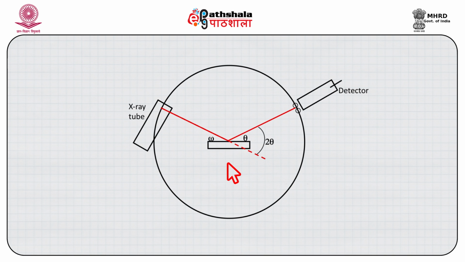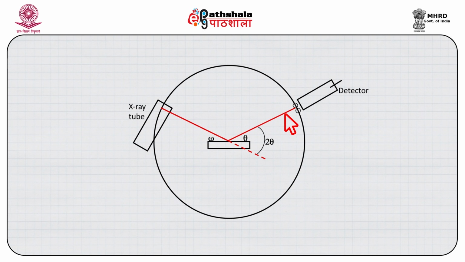Now, this is a typical ray diagram of a construction of a goniometer, wherein the monochromatic X-ray of a known wavelength is generated in an X-ray tube, and it is allowed to interact with powdered material which is crystalline. So, this angle is the angle between X-ray source and the sample, and this is the diffracted angle.